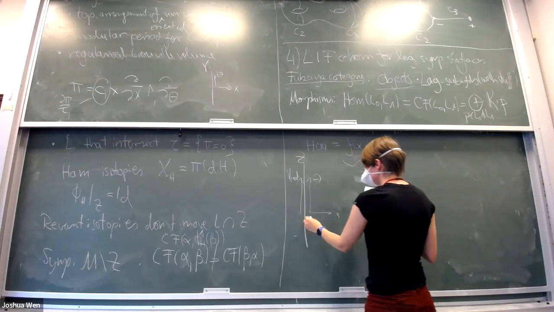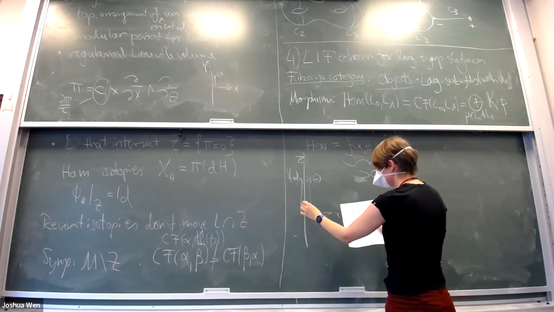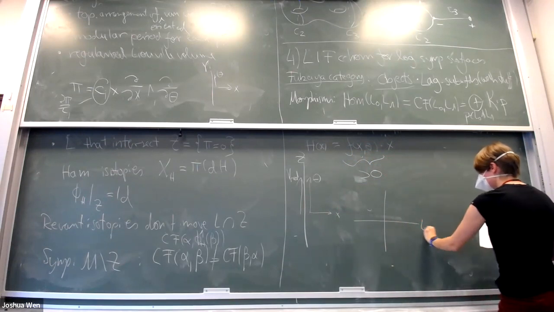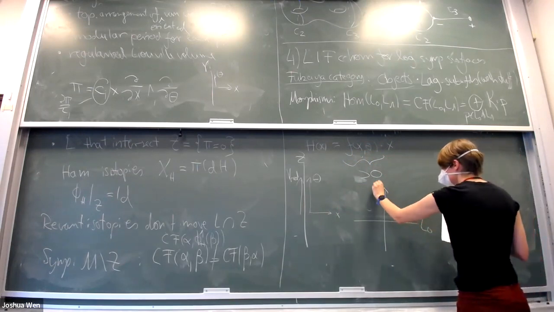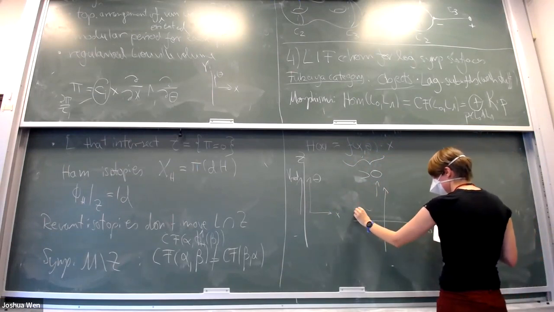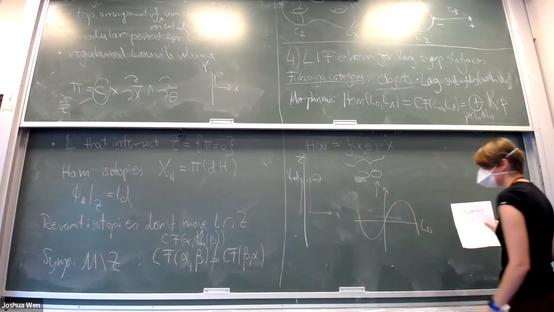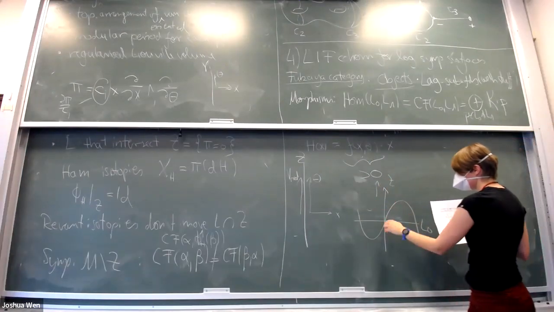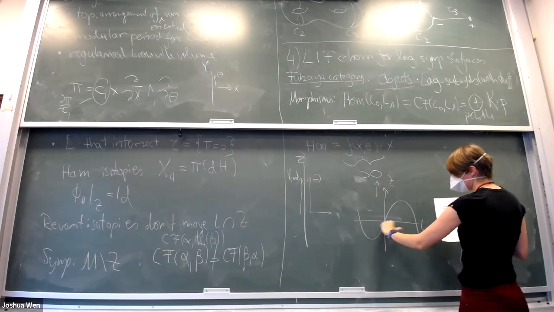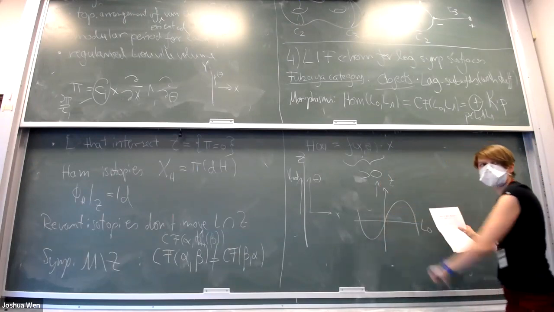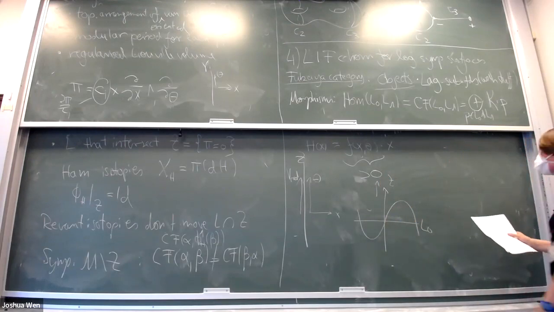So the Hamiltonian isotopy, if the Lagrangian starts out like this, will move it to something like this near the vanishing circle. Where x is positive, it moves it up. Where x is negative, it moves it down.